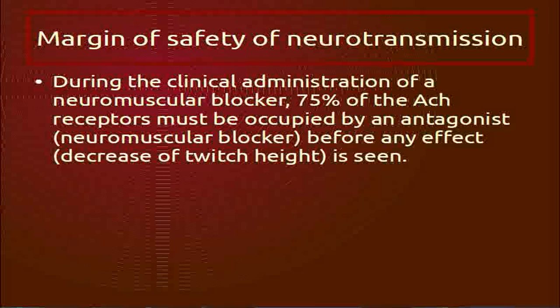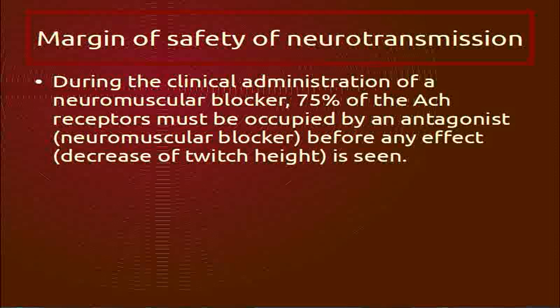And you will start to see a loss of function slightly when you have 75% of your acetylcholine receptors blocked by a non-depolarizer. Now remember when we first started, we looked at that twitch monitor, and we looked at the train of 4. And many of you are familiar with that train of 4.